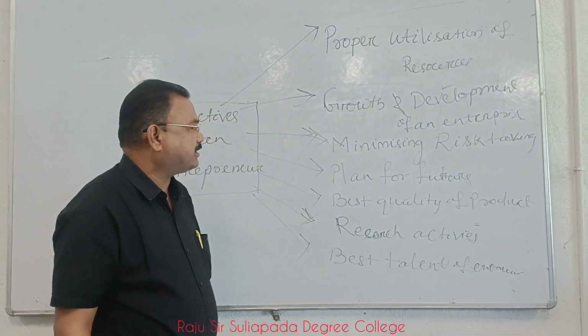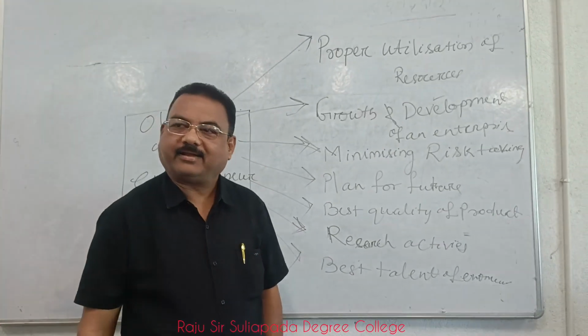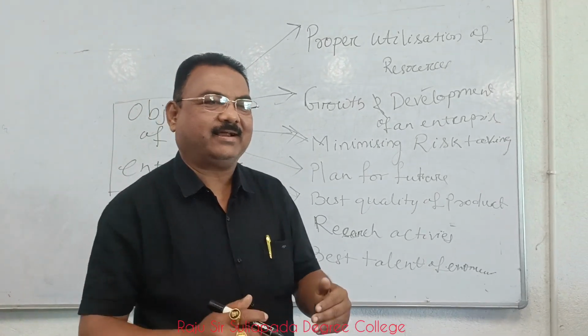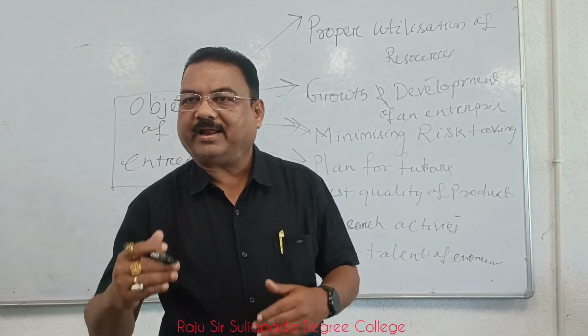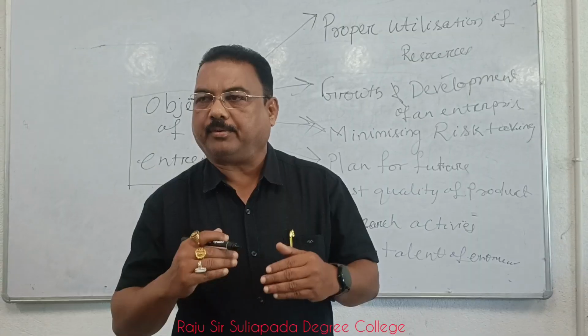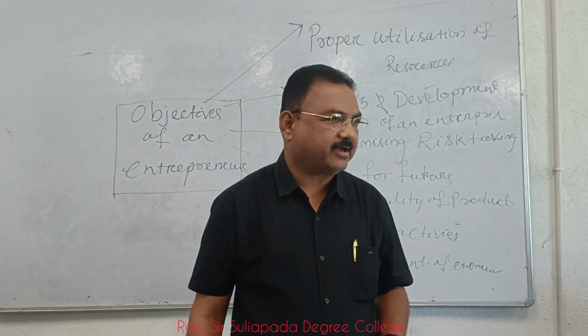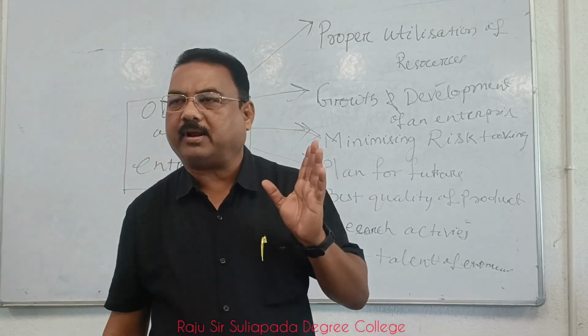So, third point is minimizing risk taking. That is the most important thing also. Minimizing risk taking. How to minimize risk taking? An entrepreneur faces various problems.